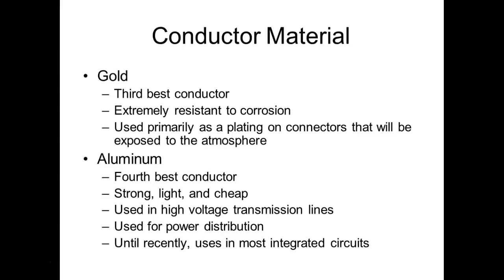It's used in high voltage transmission lines and for some lower voltage power transmission. And until recently, it was used in integrated circuits. The problem we had for years is that silicon and copper did not get along with each other. Silicon would literally dissolve copper. So when they made circuits using silicon, if they made their conductors out of copper, they would get eaten up.